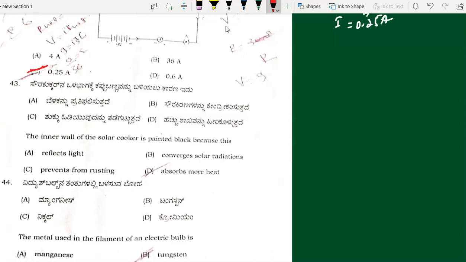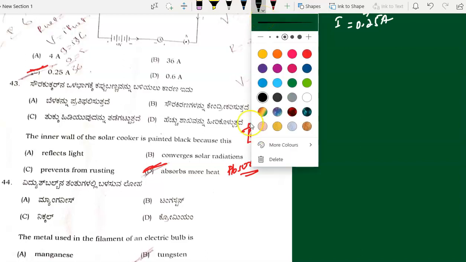Okay, solar cooker. Here the inner wall of the solar cooker is painted black because it absorbs more heat. The property of the black color is that it will absorb the sunlight. The inner surface of the solar cooker, we usually paint black color here.